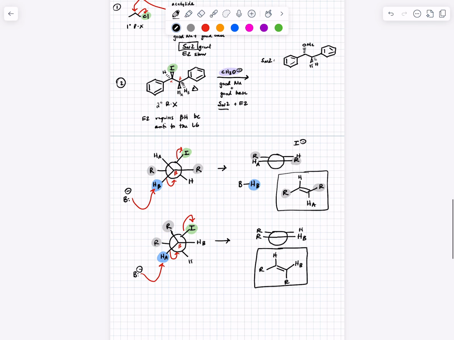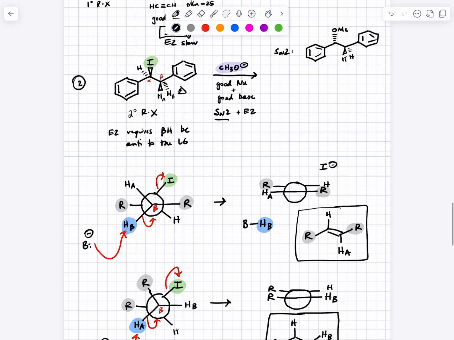Okay? So the two E2 products are the trans product, where HA is still on the molecule, and then a cis product where HB is on the molecule.